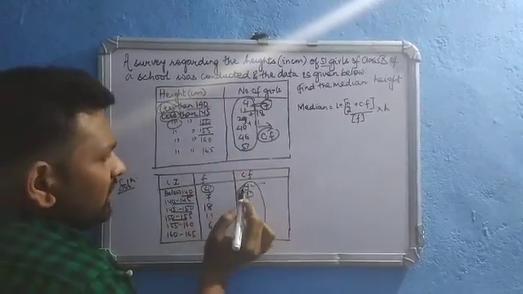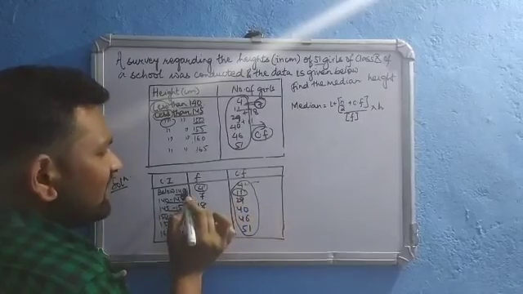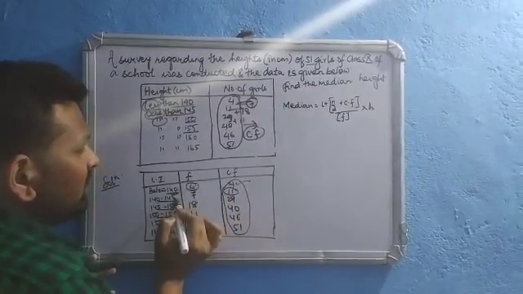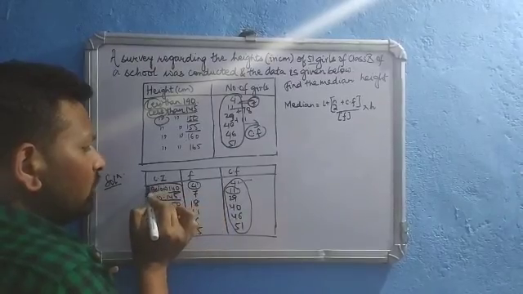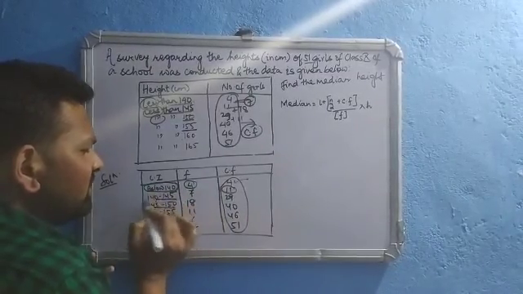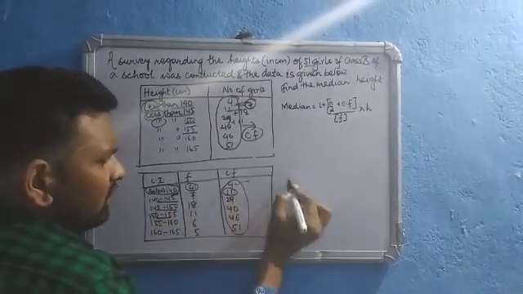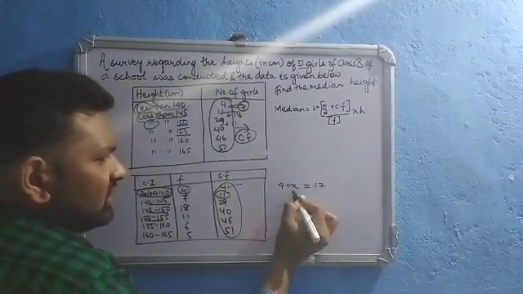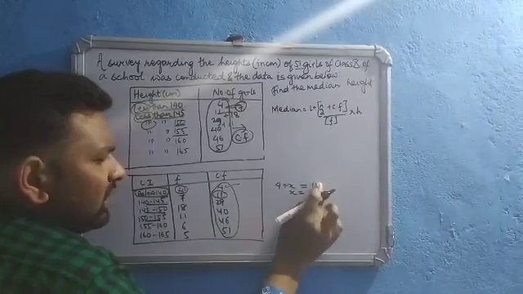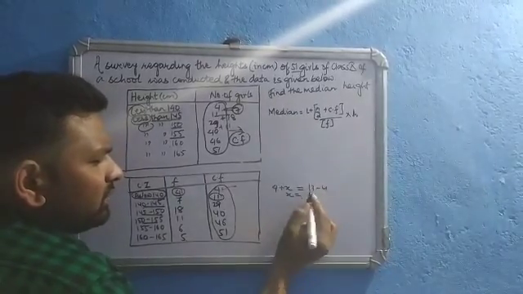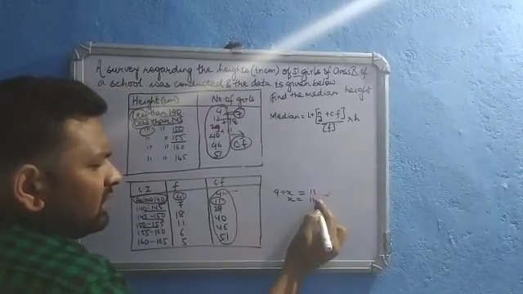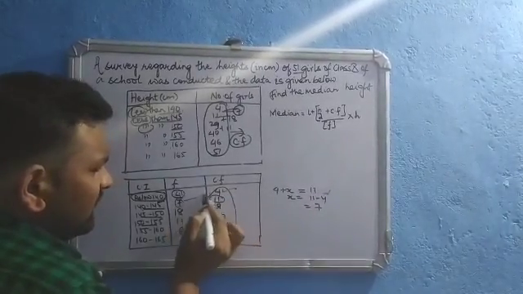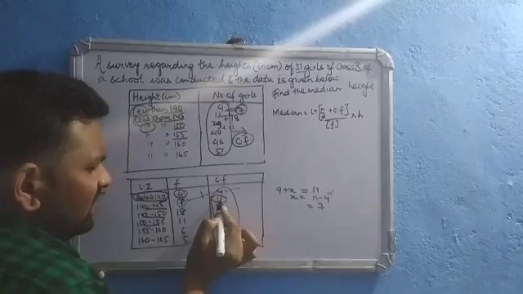So less than 145 includes those who are below 140 and also those in this range. So 4 plus something will give you 11. This something will be 11 minus 4, that is 7. So 4 plus 7 is 11.